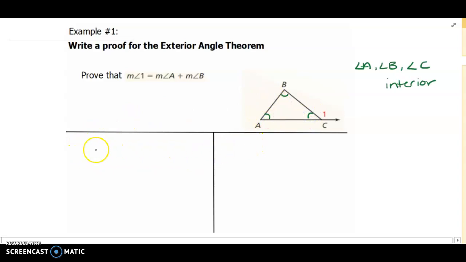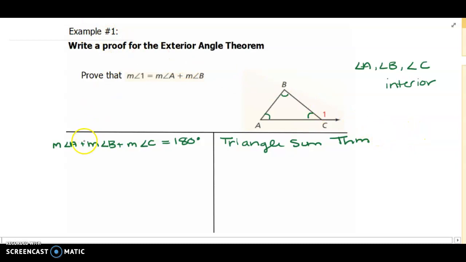Okay, so just by looking at this triangle, I know that the measure of angle A plus the measure of angle B plus the measure of angle C is equal to 180. And I know that by the triangle sum theorem, the one we just read that said all angles of a triangle add up to 180.